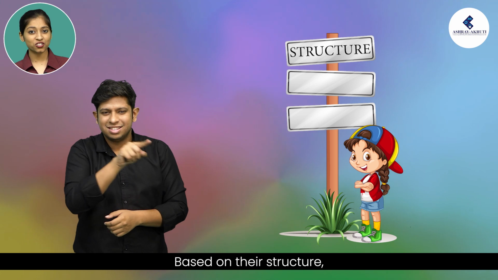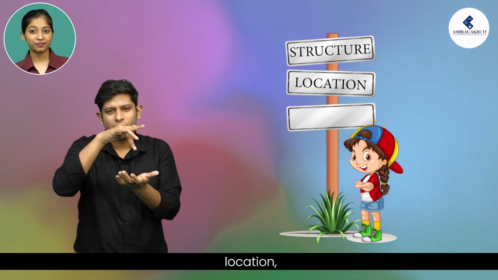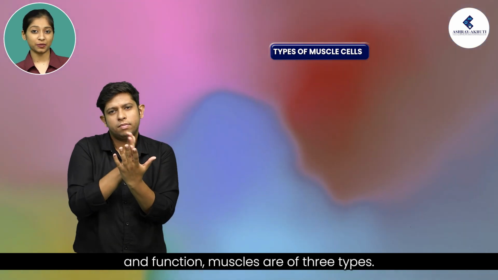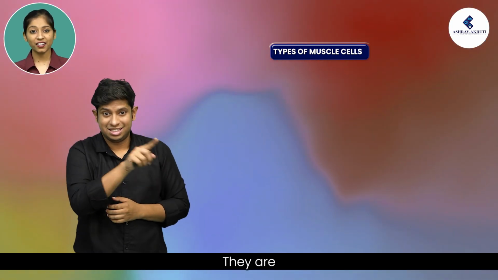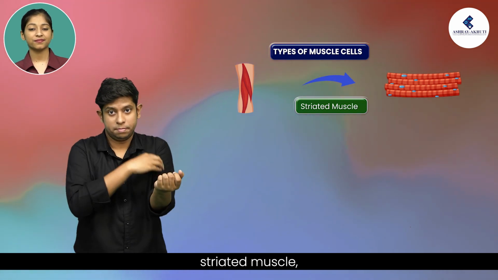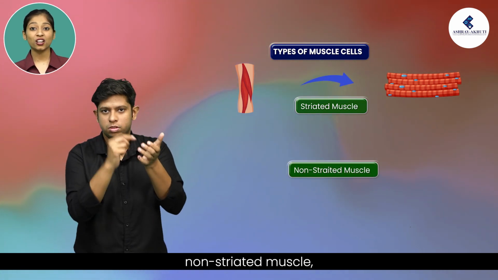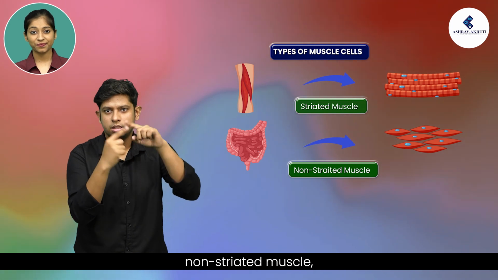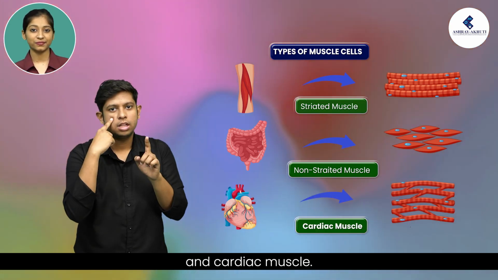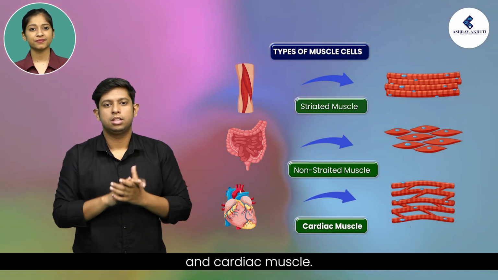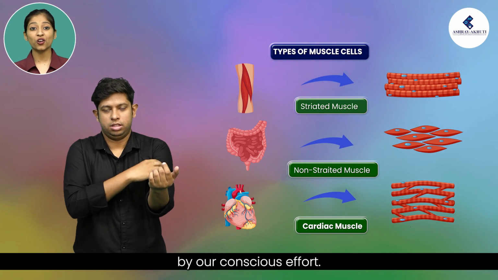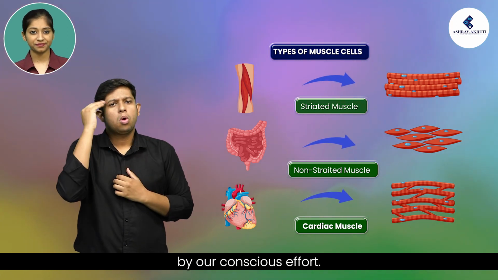Based on their structure, location, and function, muscles are of three types. They are striated muscle, non-striated muscle, and cardiac muscle. We can move some muscles by our conscious effort.